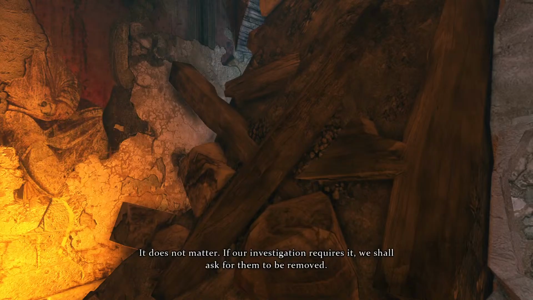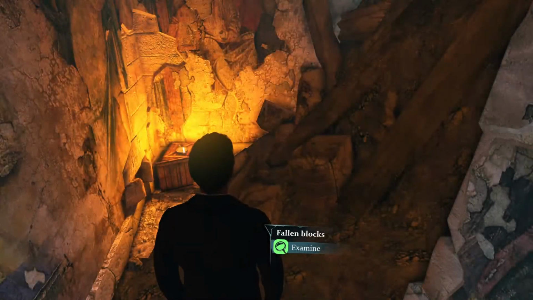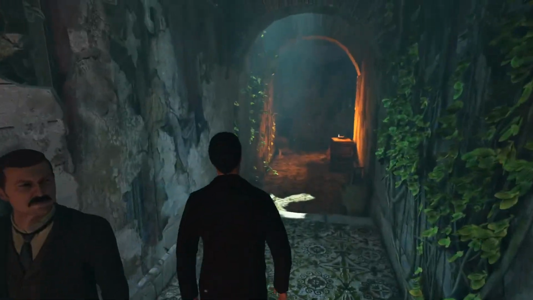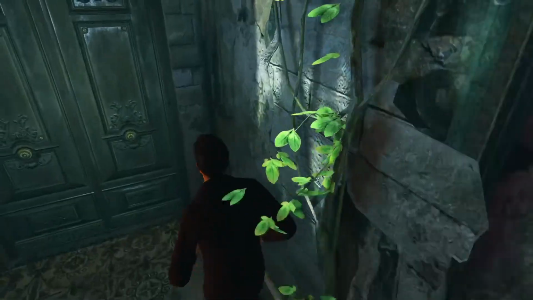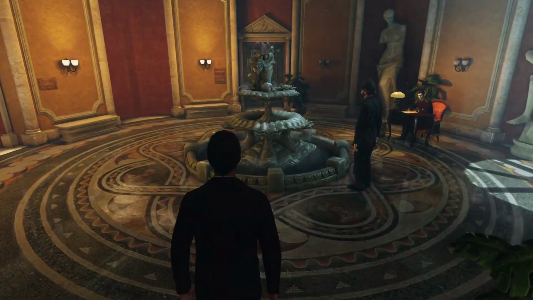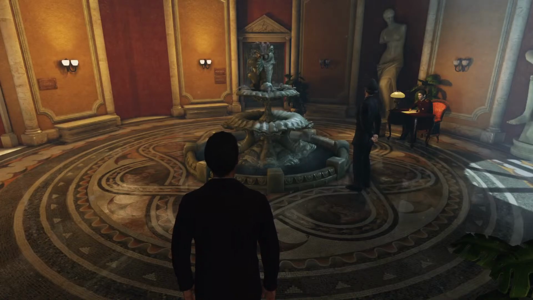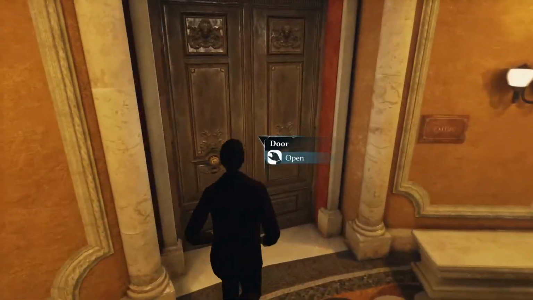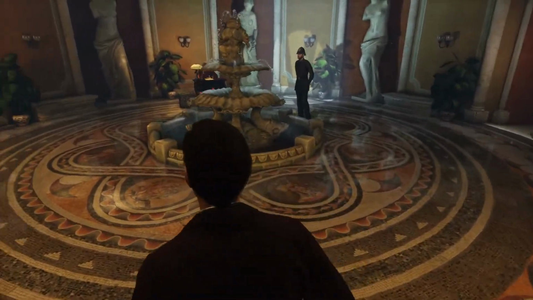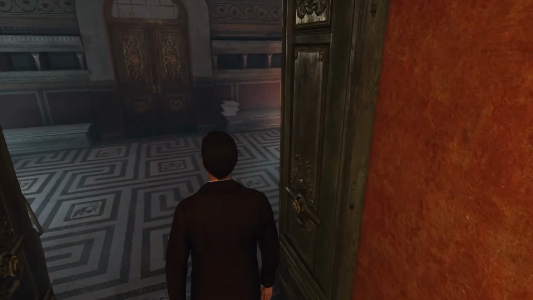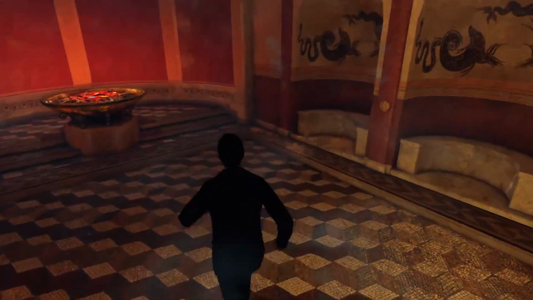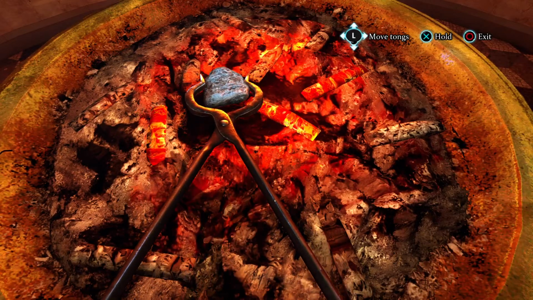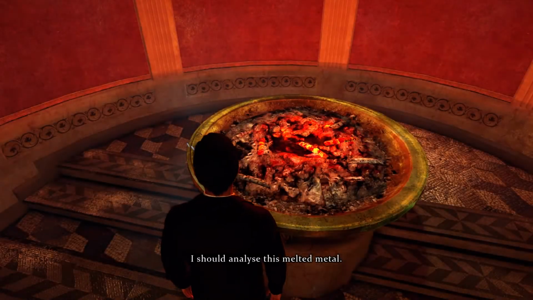If our investigation requires it, we shall ask for them to be removed. I should analyze this melted metal.